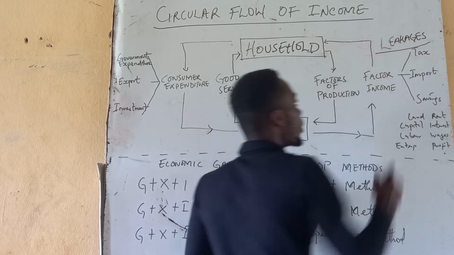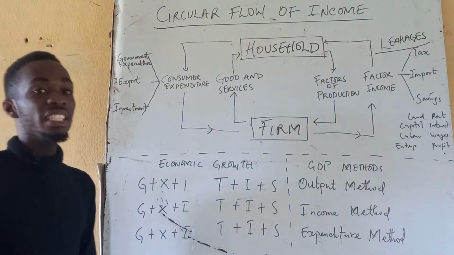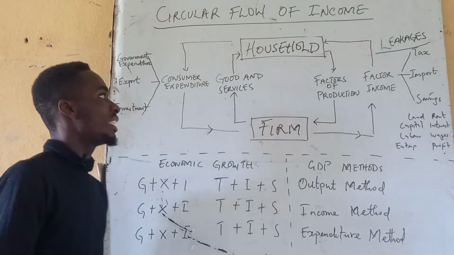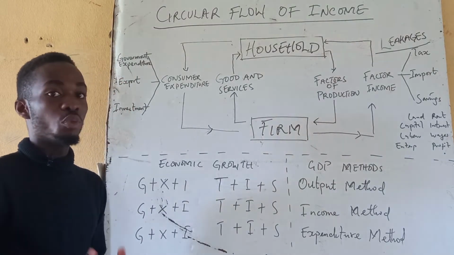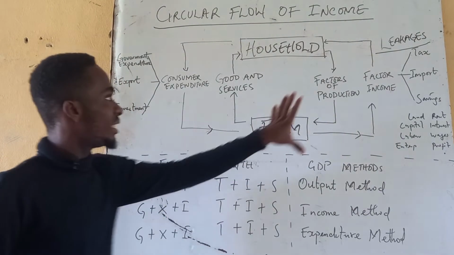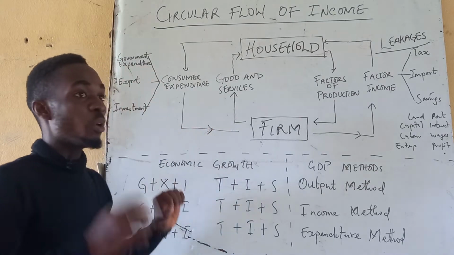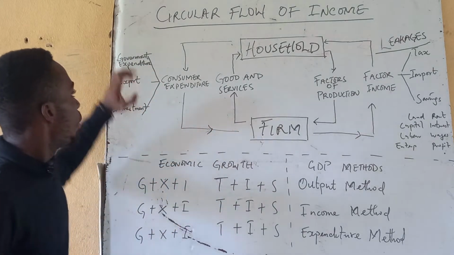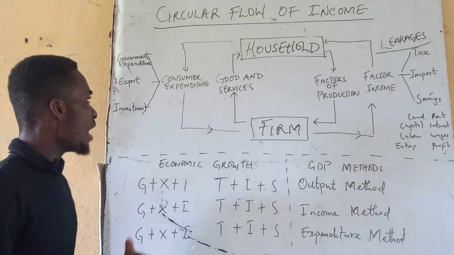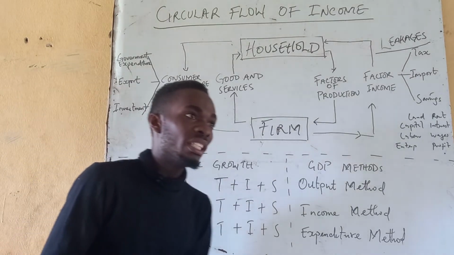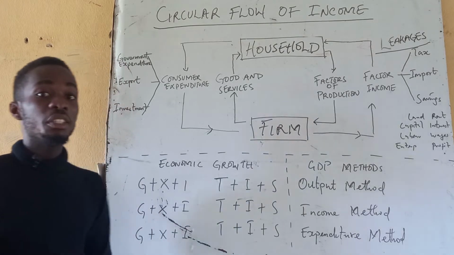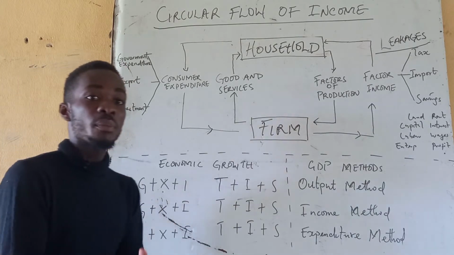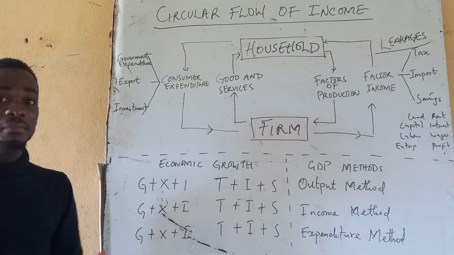As we're saying, one of the leakages that we can have in an economy is tax. Tax takes money out of the economy. Leakages are also known as withdrawals. That is for the leakage part of the government inclusion, and for the injection we have government expenditure. Government expenditure is an injection into the economy because the government buys goods and services from the economy.